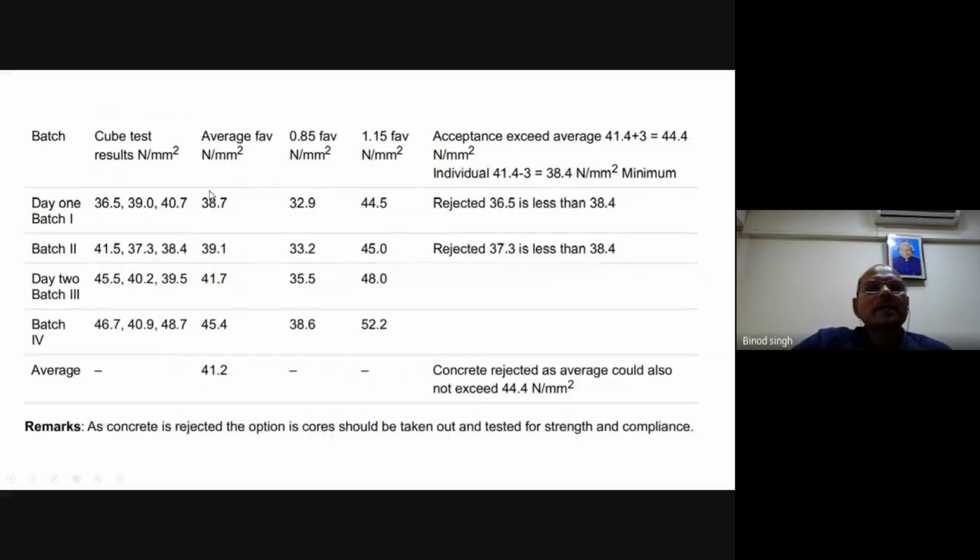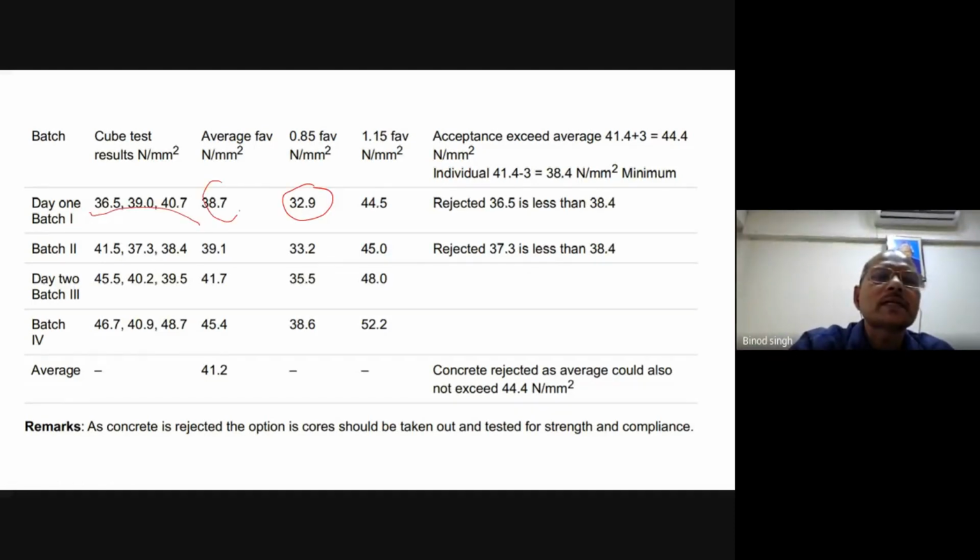So what is the average of these three? 36.5, 39, 40.7, that is 38.7. This value should not deviate by more than 15%. So 0.85 into the average of 38.7 will give you 32.2. So we are making the average of these three.